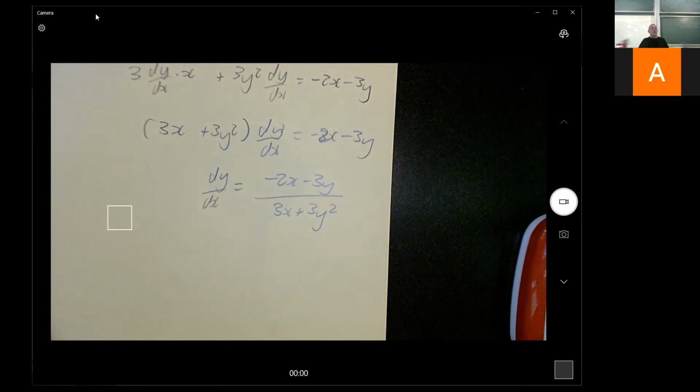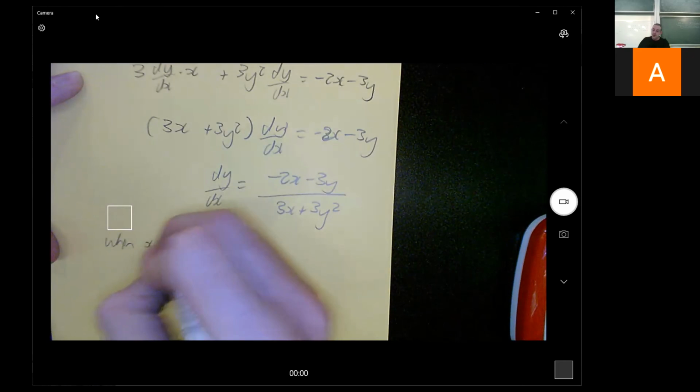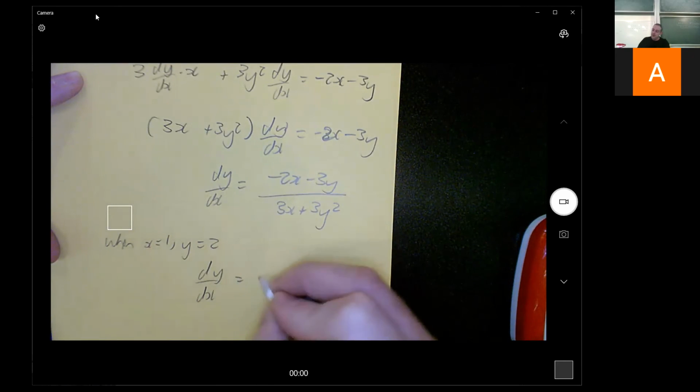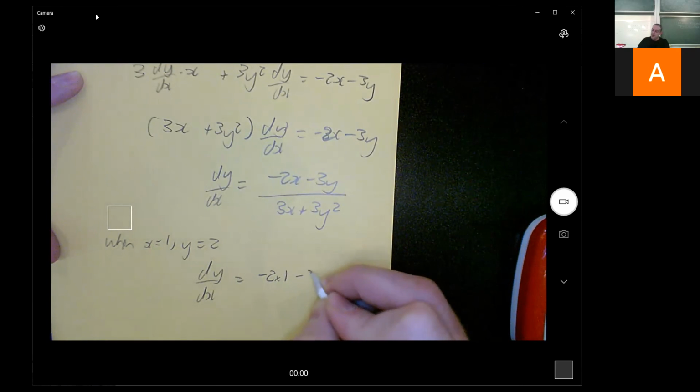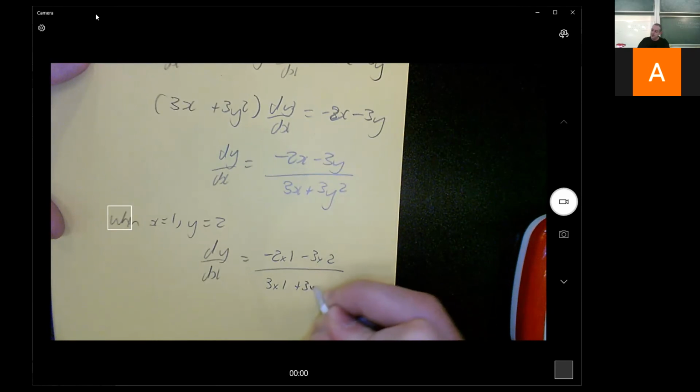Unfortunately, it's not like a normal formula for dy on dx, which would involve only x's. It's a formula for dy on dx that involves x's and y's. So I have to know both what x and y are at the same time to be able to figure this out. But that's okay. I was told that when x is 1 and y is 2, dy on dx works out to be minus 2 times 1 minus 3 times 2 over 3 times 1 plus 3 times 2 squared.